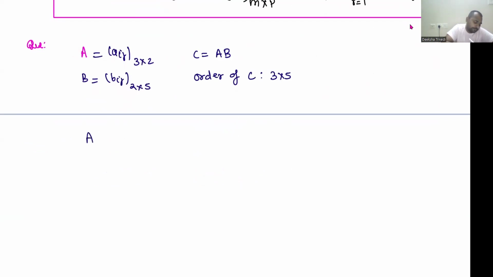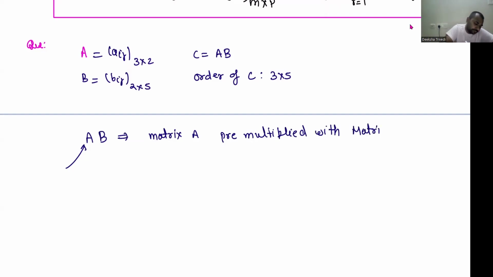Now, one more thing we need to understand. When we write AB, then we are saying matrix A is pre-multiplied with matrix B. Correct?